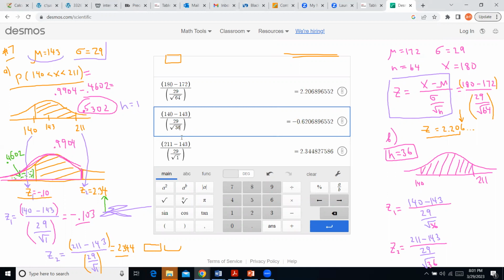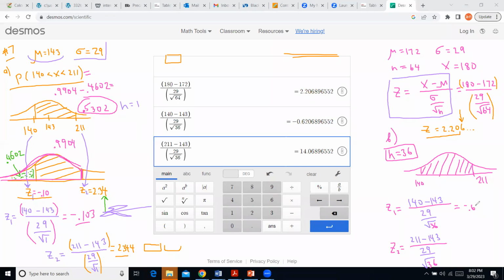And placing 36. And the same thing I can do for the other side, and that's the advantage of using that particular calculator. So I got a pair of z-scores without re-entering anything, but just by taking the same calculations and changing them a little bit.